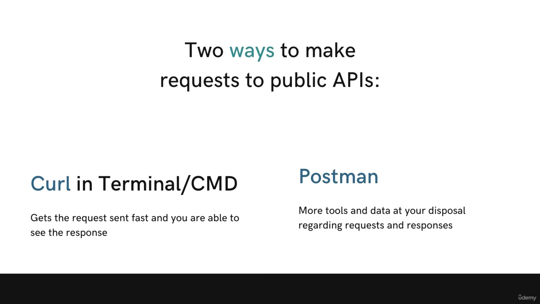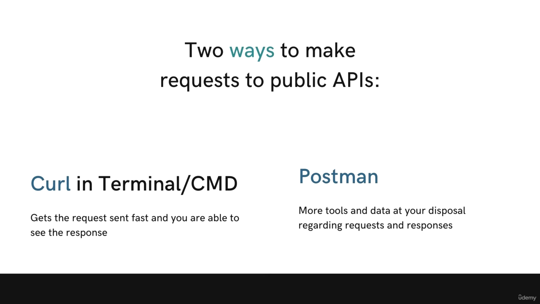But if you don't want to do it through a package manager, you can as well download curl from the curl homepage. You can go to curl.se and then there is a download button and you can download the archived curl file and then go ahead and install it.